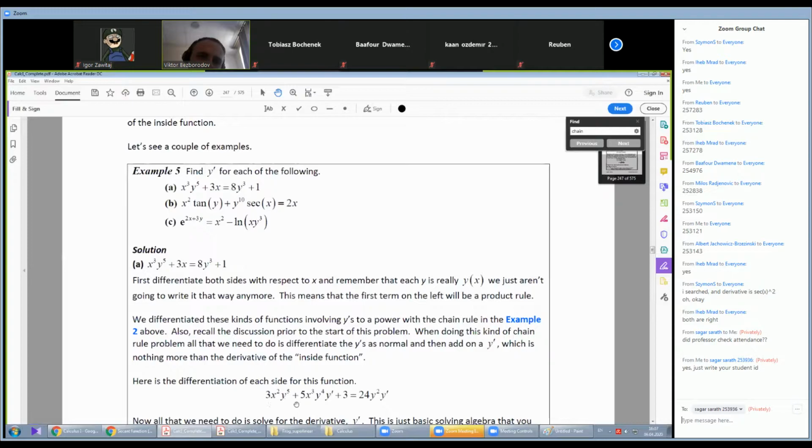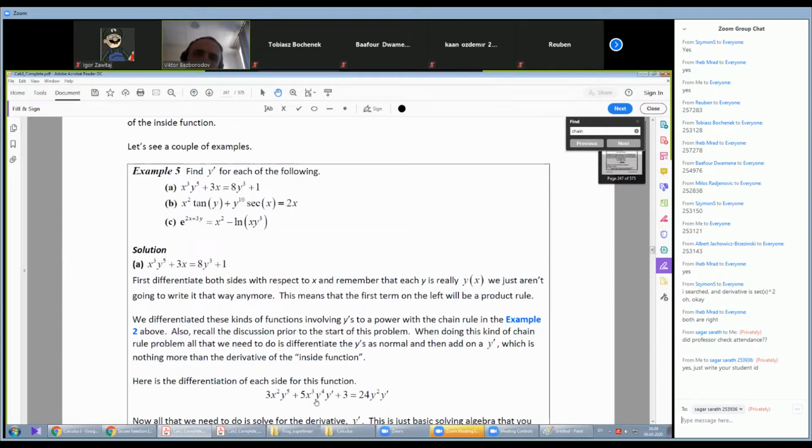Now here we have x cubed y to the 5. So this is the derivative of the product, those first two summands: 3x squared, which is the derivative of x cubed, times y to the 5, plus now the derivative of y to the 5, which is going to be 5y to the 4 times y prime, right? Once again, y is itself a function.